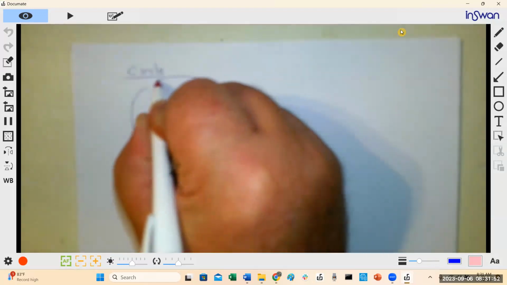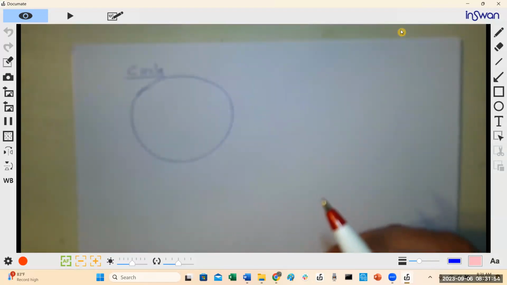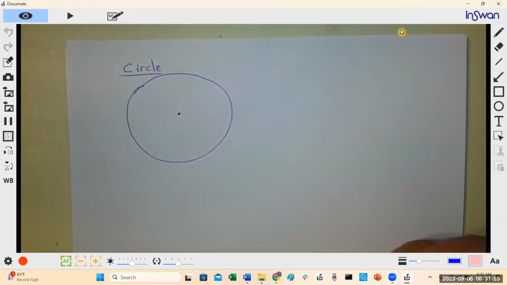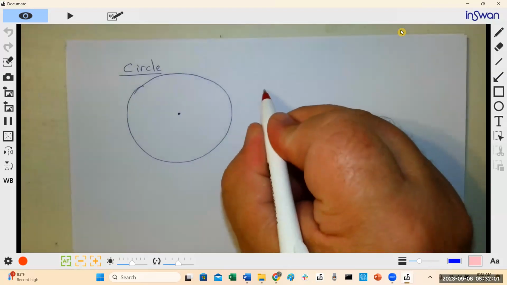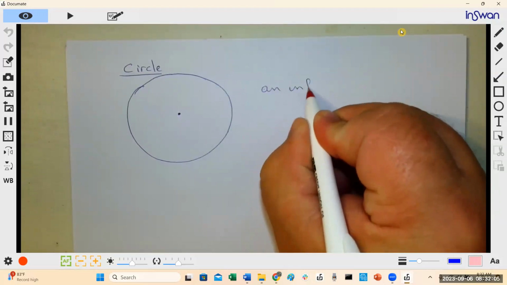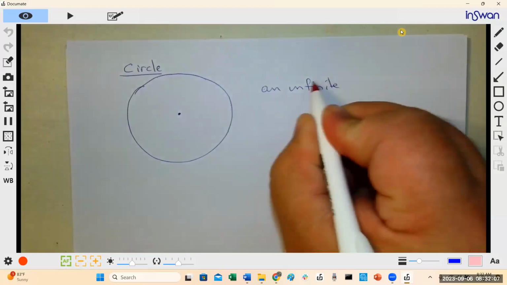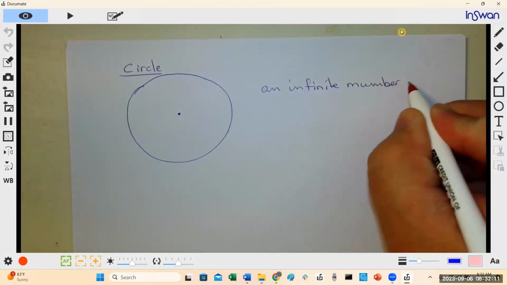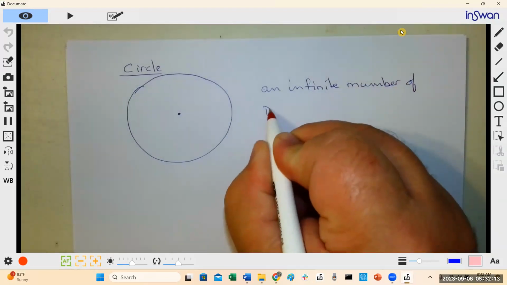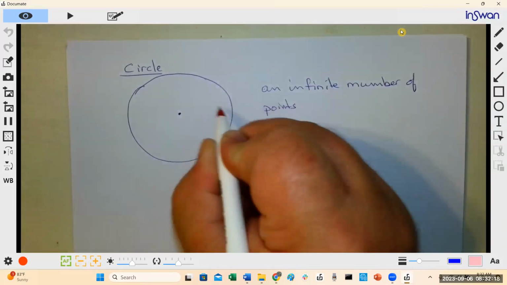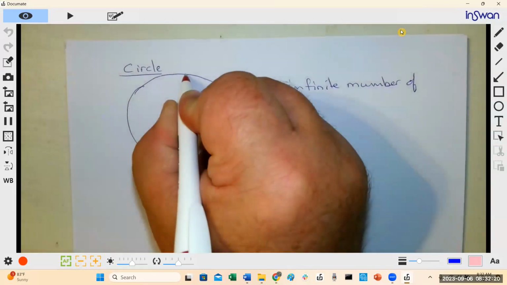What defines a circle? A circle is an infinite number of points. These are all points on the circle.